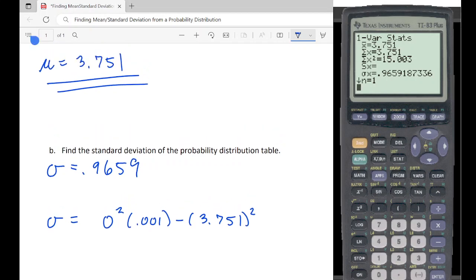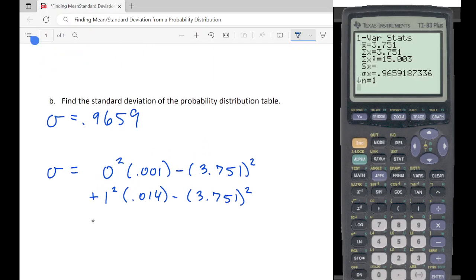So there's your mean up there. And then you're going to add that to x again, so 1 squared times 0.014 minus 3.751 squared, then plus 2 squared, and so on and so on.